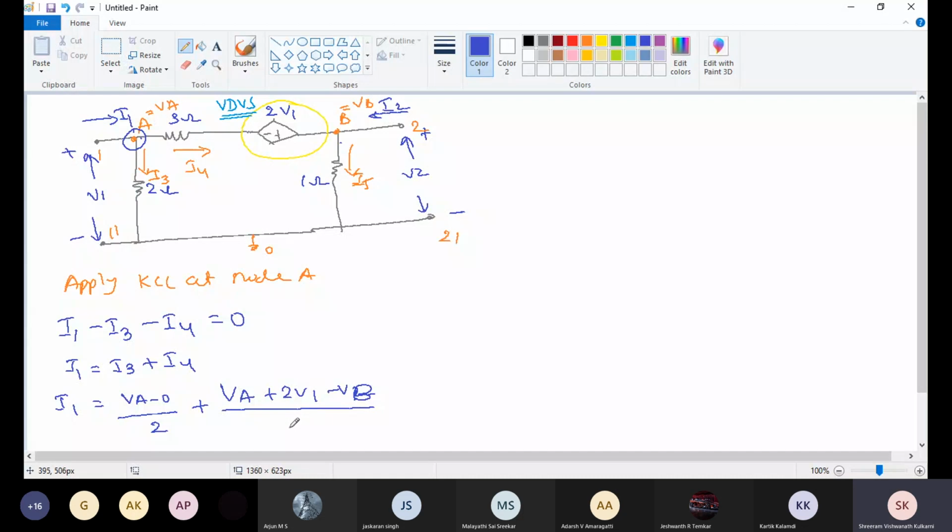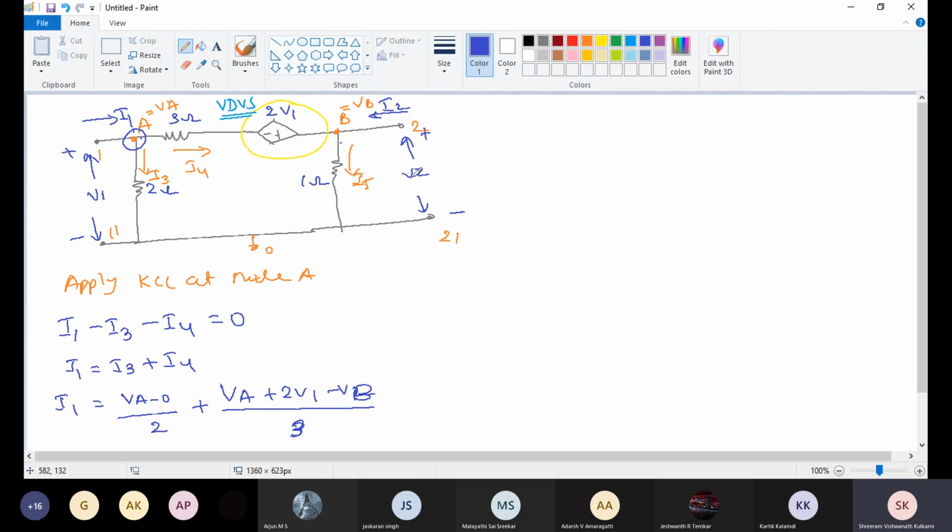Yes, 3 only. So VA minus 0 by 2 plus (VA plus 2V1 minus VB) divided by 3.